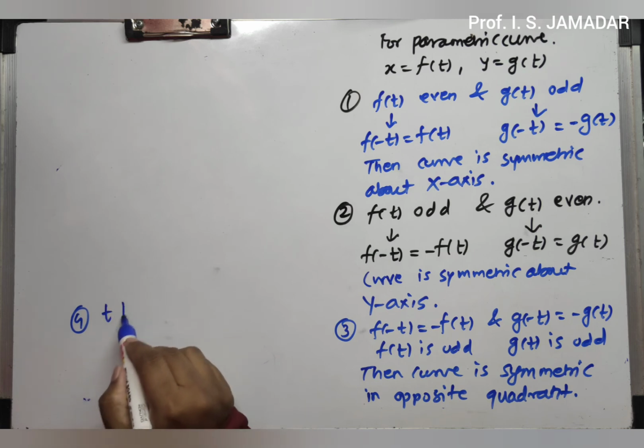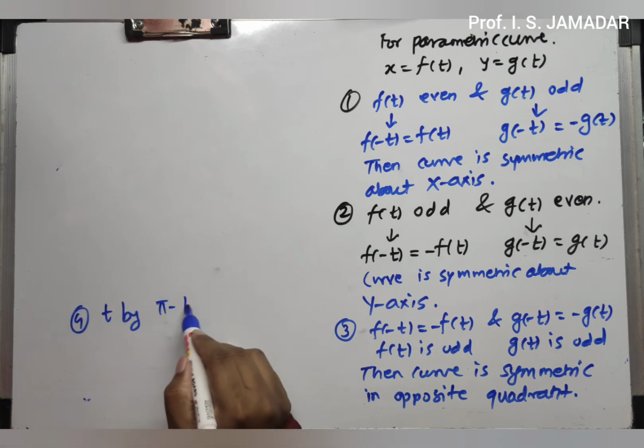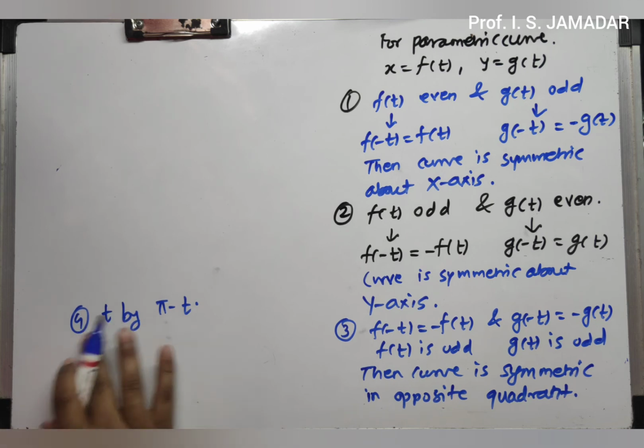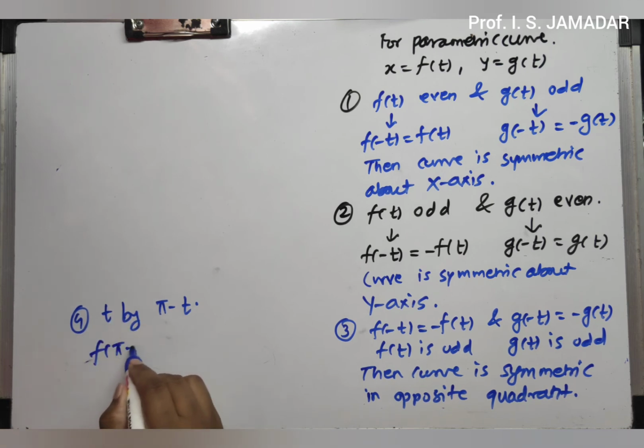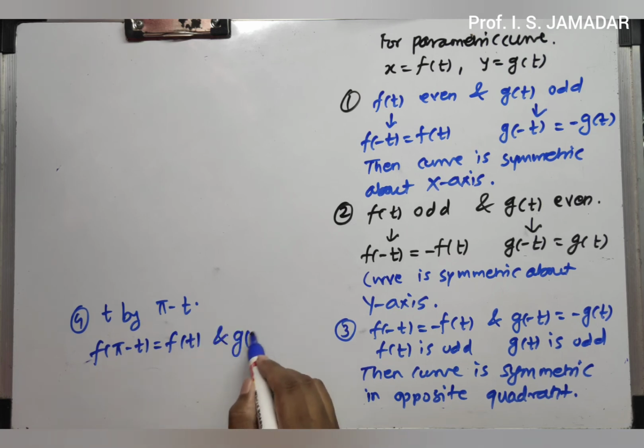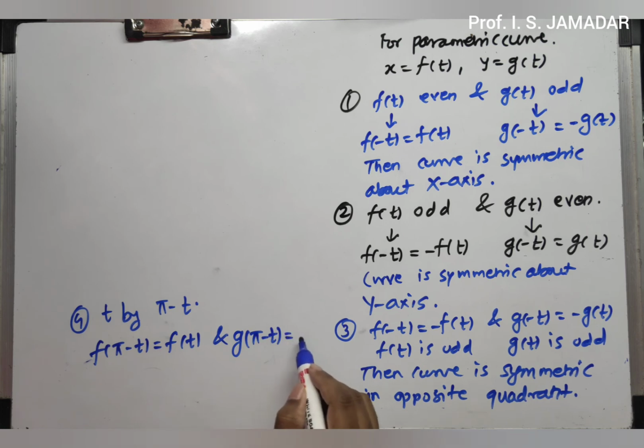So replace t by pi minus t, and after this replacement, f of pi minus t is equal to minus f of t and g of pi minus t is equal to g of t.